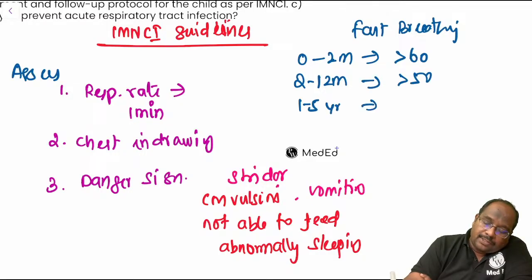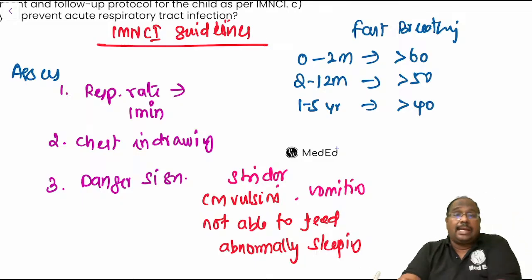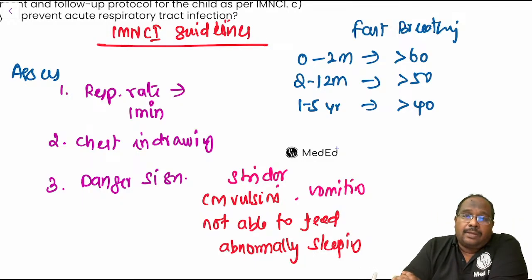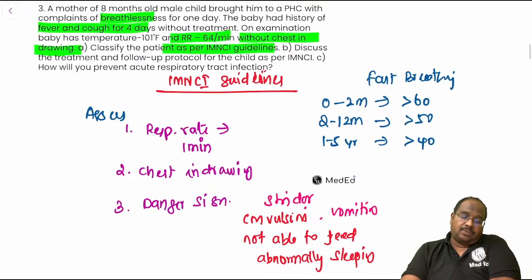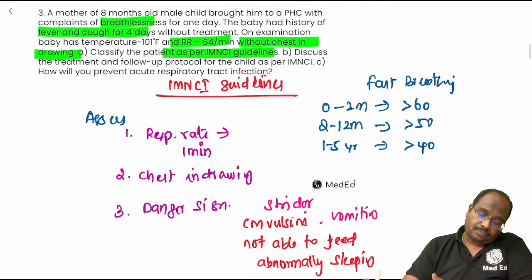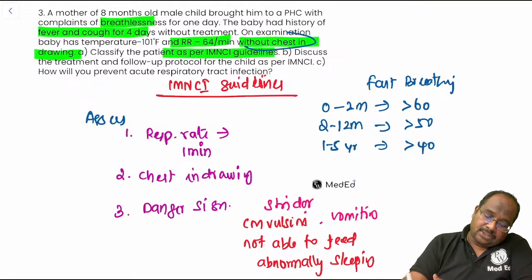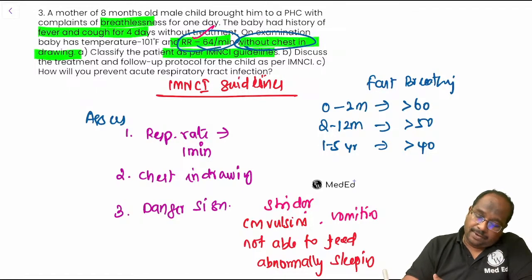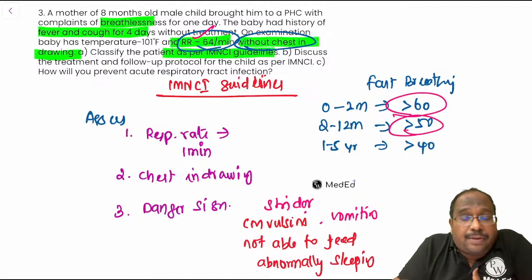For 1 to 5 years it is more than 40, guys. Call it fast breathing. Now based on this, what does the child have? The child has no chest indrawing, but the respiratory rate is 64, guys. That is more than 50.